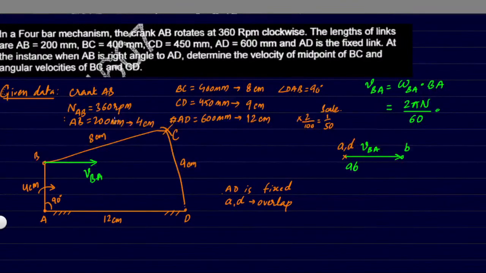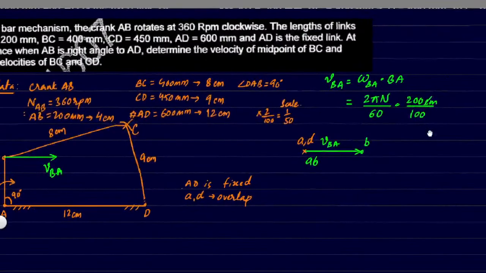BA length, you can see, is 200 mm. While finding the velocity, we should not take the drawing lengths; we should take the actual lengths, and that too in meters.